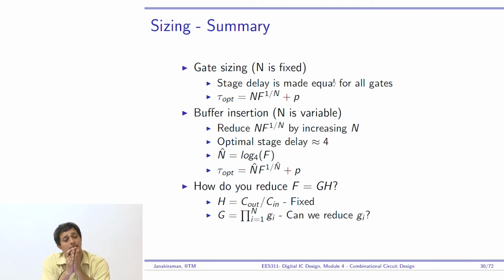And therefore we said that you can actually insert buffers in the path and still reduce the delay of the path. Okay, this buffer insertion algorithm was discussed, and we said that the optimal stage effort is approximately 3.59.